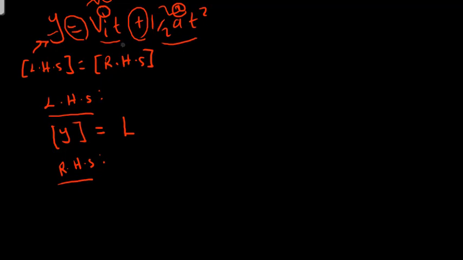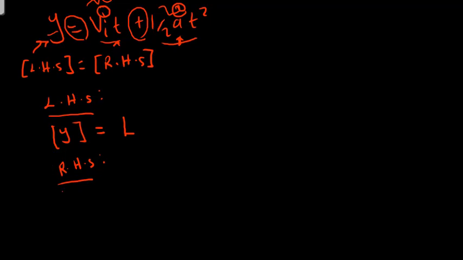So the moment you identify that there is an addition there, rule number 2 comes into mind, that for the two terms to be added together, they must be of the same dimensions. So let us check the dimensions of the two terms.